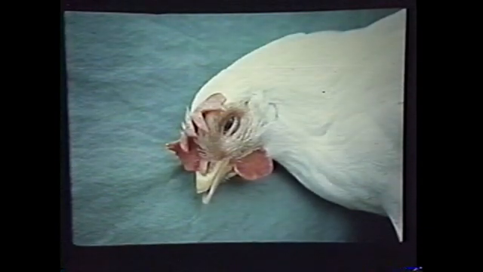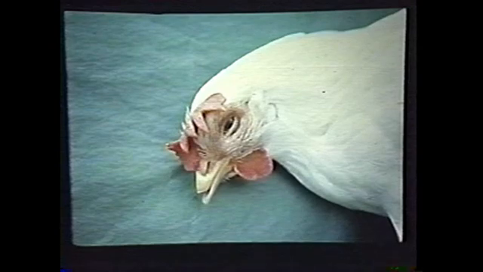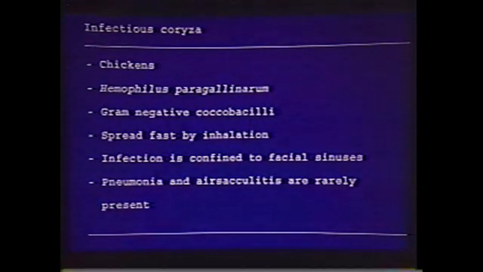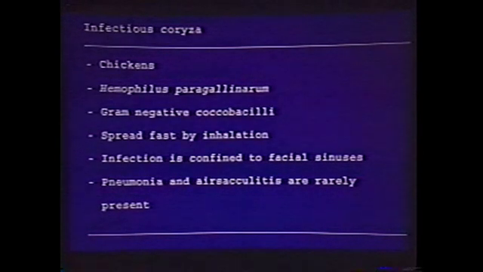Here is another chicken with a swollen sinus. Again, it could be anything. Do culture of them. It turned out to be Haemophilus gallinarum. So that's infectious coryza. One word about the disease is that it differs from cholera, where it's chronic and not as rapidly spreading. Coryza is a more acute disease that spreads very quickly.